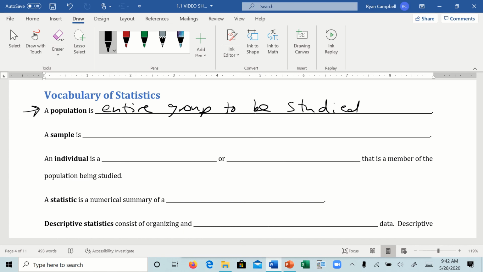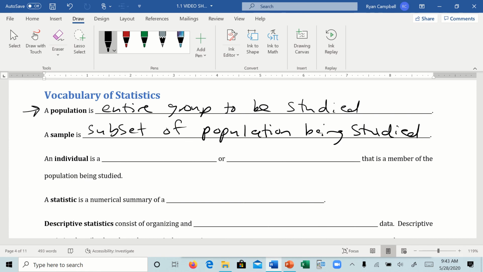What is your population? It may seem pretty obvious, but especially when we start talking about samples, those two ideas can get a little confusing. Speaking of samples, a sample is a subset of the population being studied. So the sample is the small group that we're actually looking at from a giant population.